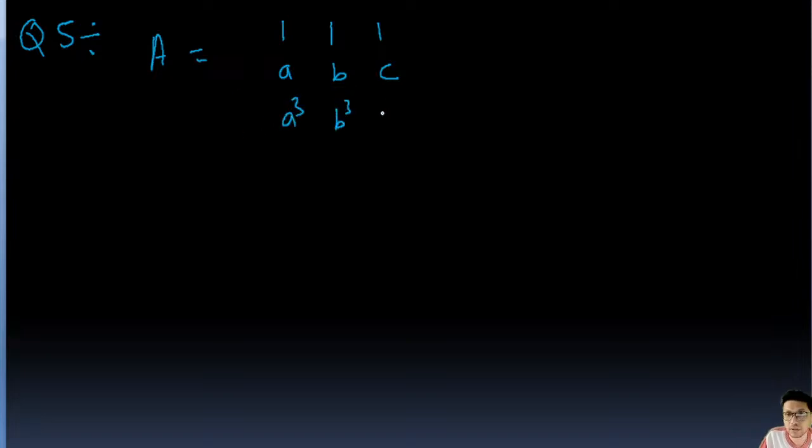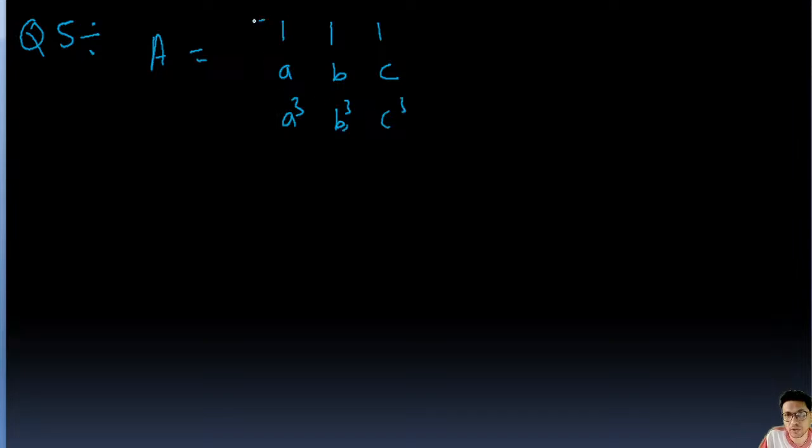Now we are going to solve the next question, which is a very important question. Question number 5. This is a very good question. A matrix is given, 1 1 1, then A B C, and then A cube, B cube, C cube.